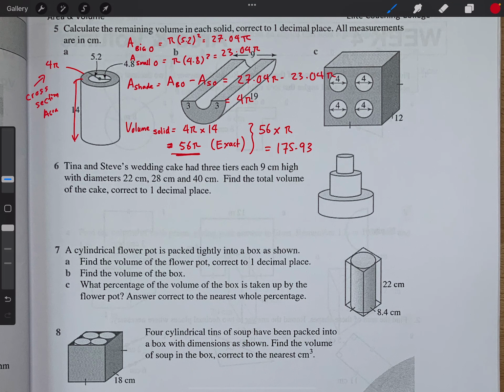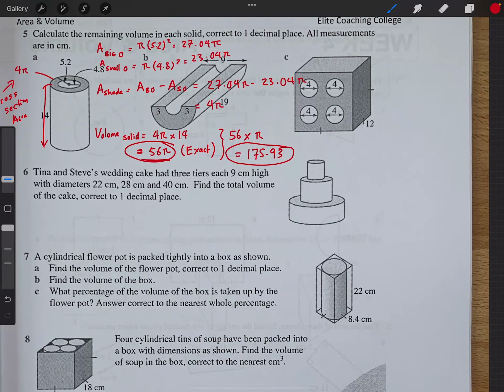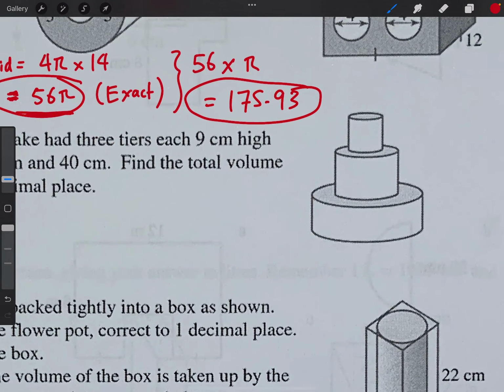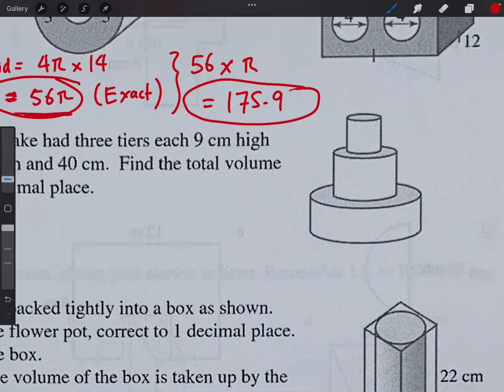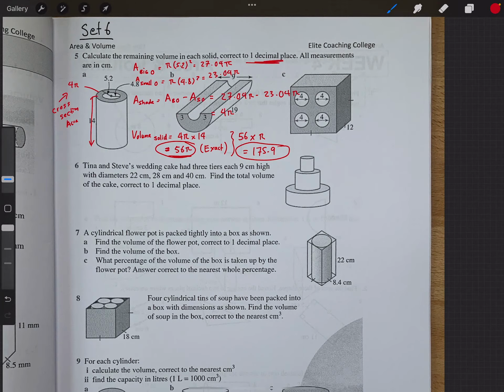This number goes on forever, it's irrational. It doesn't repeat or anything. So that's why this is an estimation, and this is the exact. It says to 1 decimal place, so that means the answer has to be 175.9. Now that is for that question.